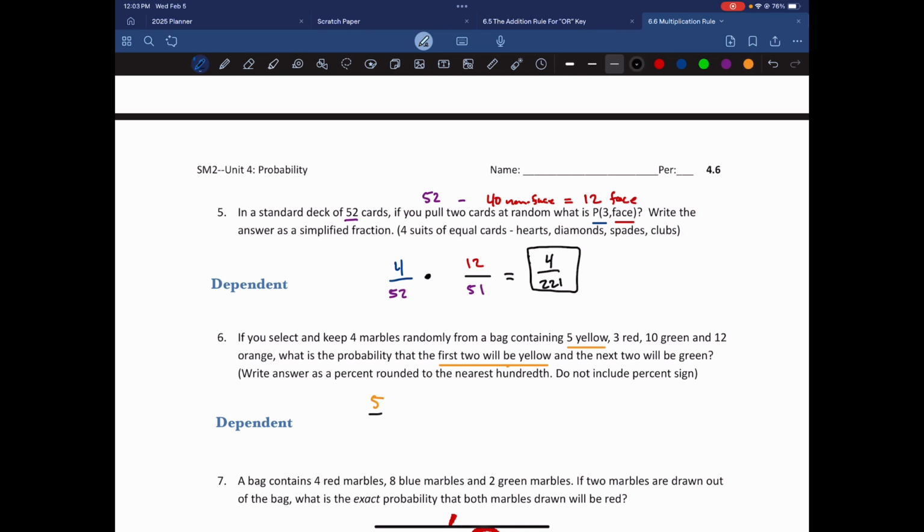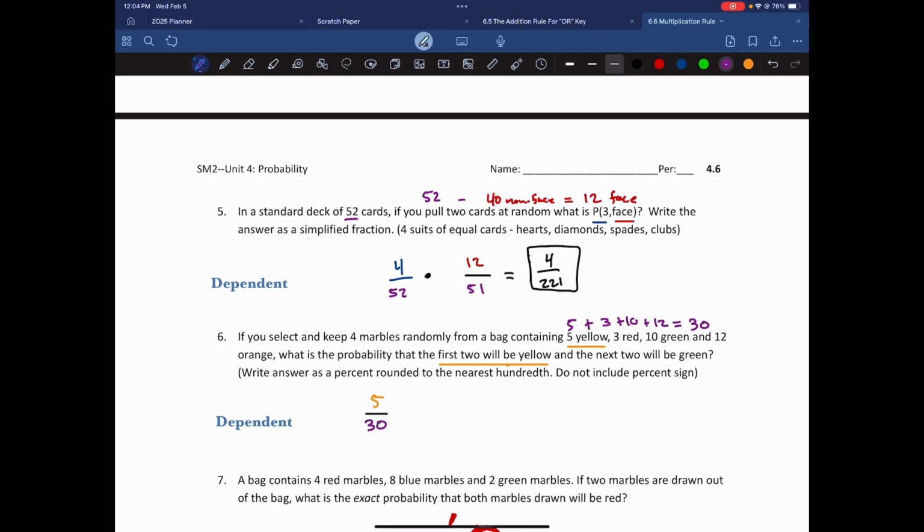Well, this one actually doesn't give us our total, so we have to find it. I'm going to add 5 plus my 3 red plus my 10 green plus my 12 orange, and that gives me 30 total marbles. So 5 over 30 is the probability of pulling a yellow out my first time around.